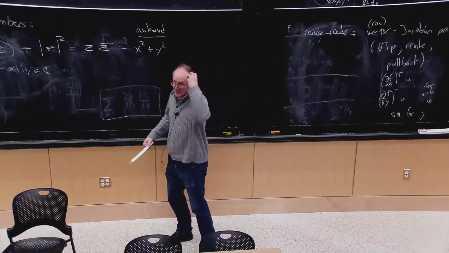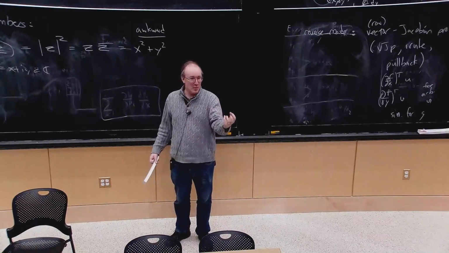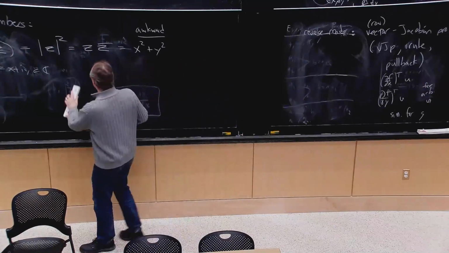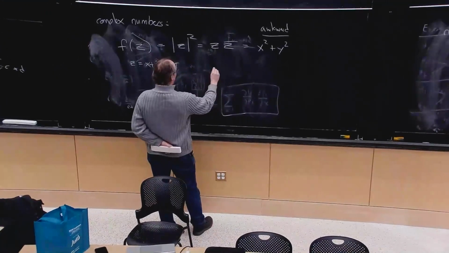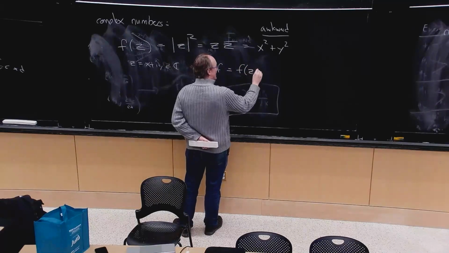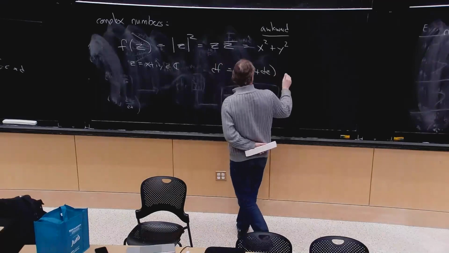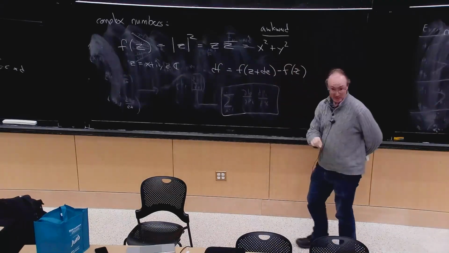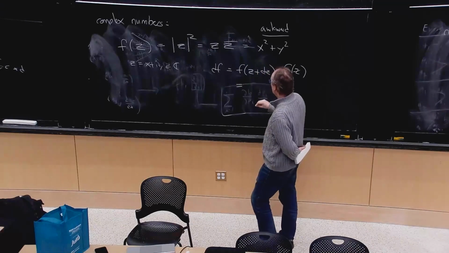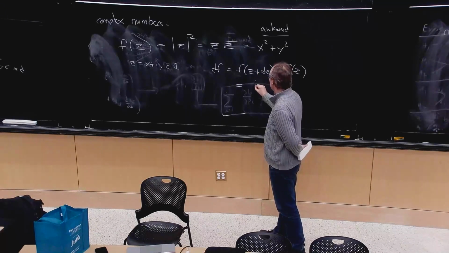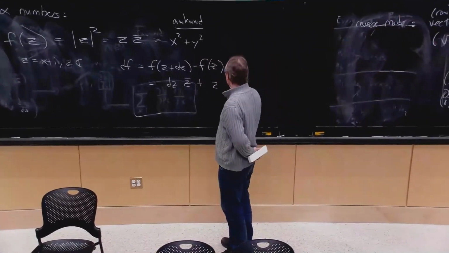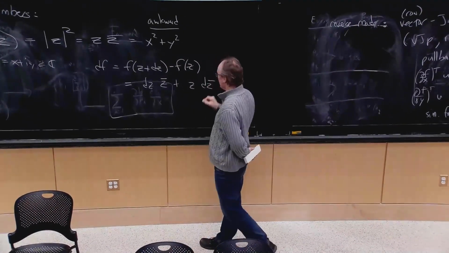So now you really only have one quantity that's complex, but you have to have two variables. So if you just ask, what is df? What is f of z plus dz minus f of z, in terms of z? This turns out to be dz times z bar plus z times dz bar.